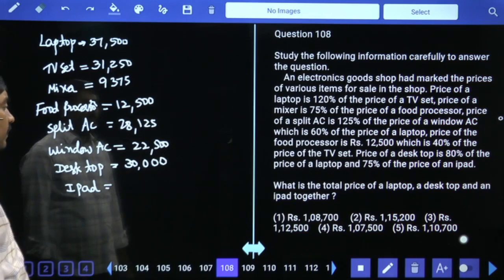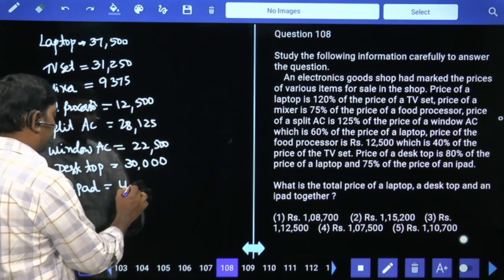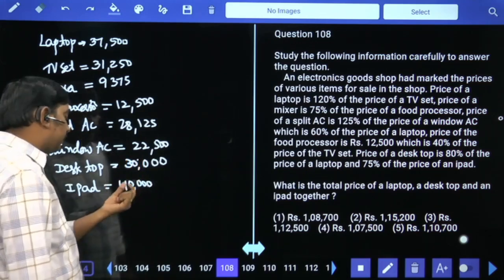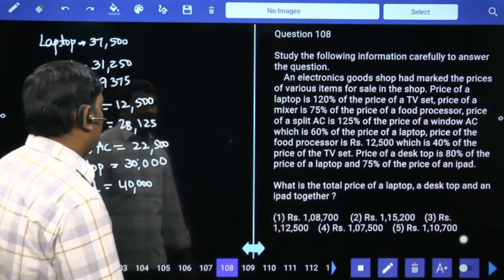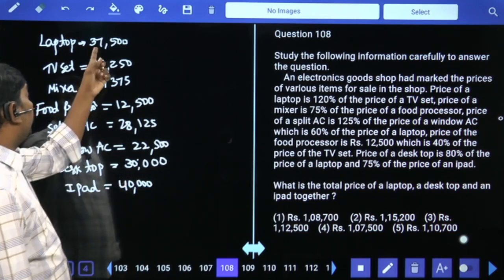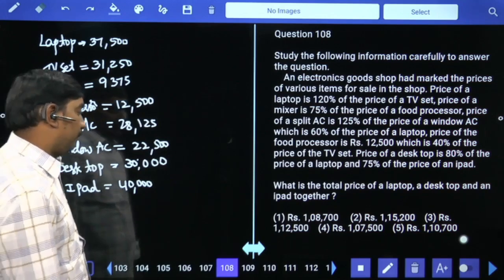If 30,000 is 75%, then 100% is 40,000. So the laptop, desktop and iPad together: the desktop and iPad are 70,000, the laptop is 37,500, so 1,07,500. Fourth option.